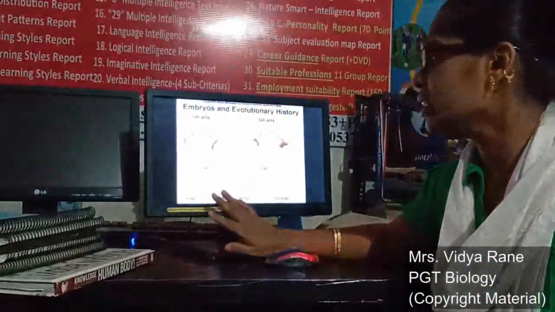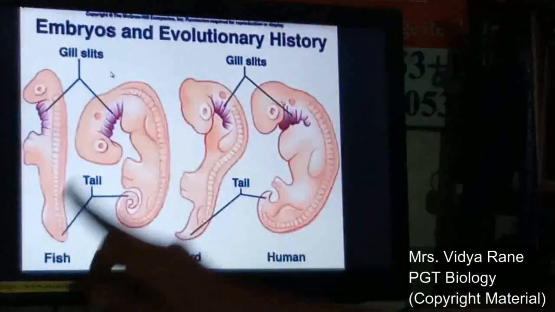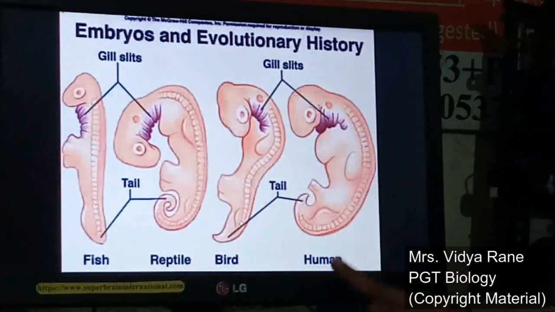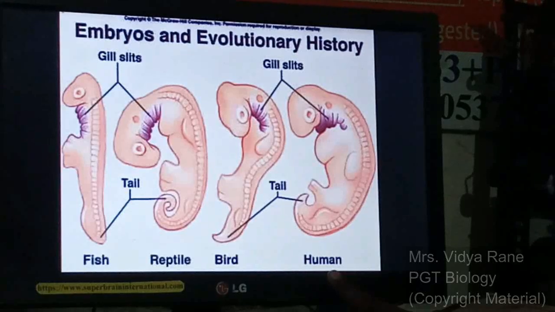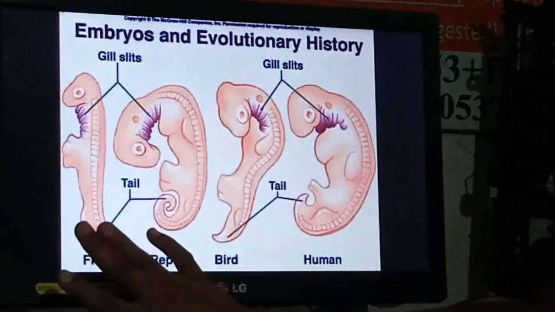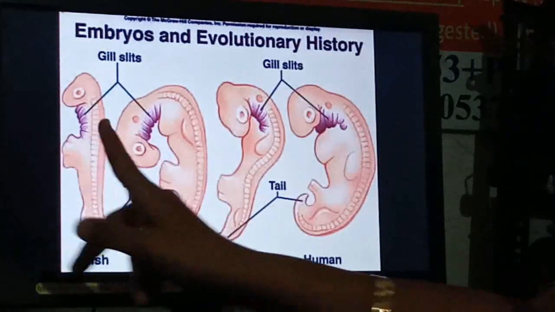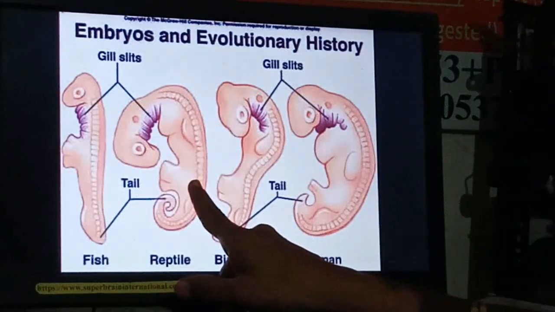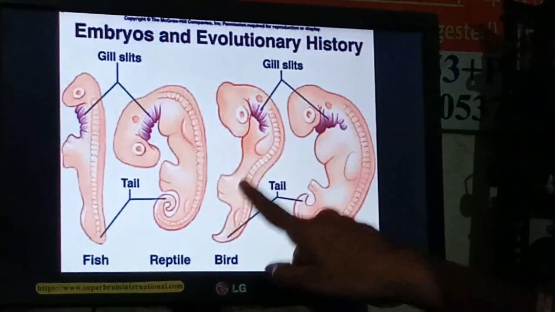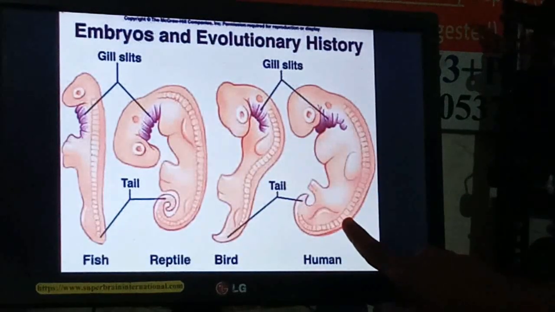Here are some embryos of different organisms. This is the fish embryo, this is the reptile embryo, this is the bird embryo, and this is the human embryo. If you take a close look, all these organisms: an aquatic animal, a land reptile, a flying organism, and a human, well developed, right?